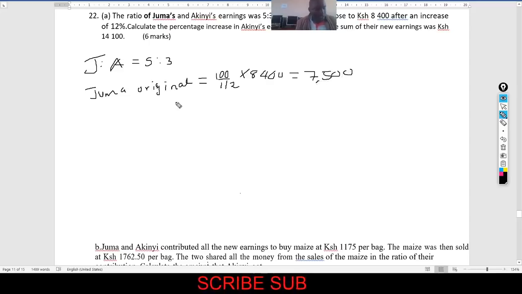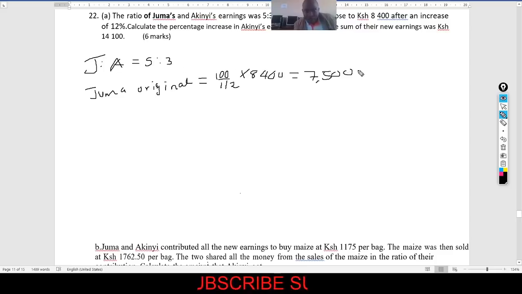Then we need Akinyi's original earning. Remember the ratio of Juma's and Akinyi's earning was 5:3. Remember 5 is this, what about 3?